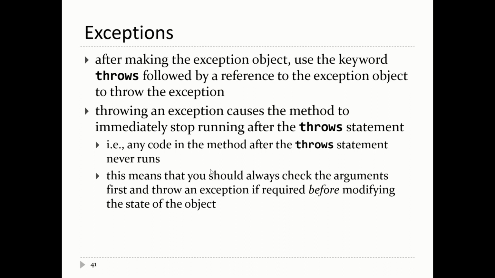Because your code stops running after you throw the exception, you want to avoid changing the state of your object before you throw an exception. In other words, if you're testing the preconditions of your method, you should test the preconditions first and then change the state of the object once you know that the preconditions are satisfied.